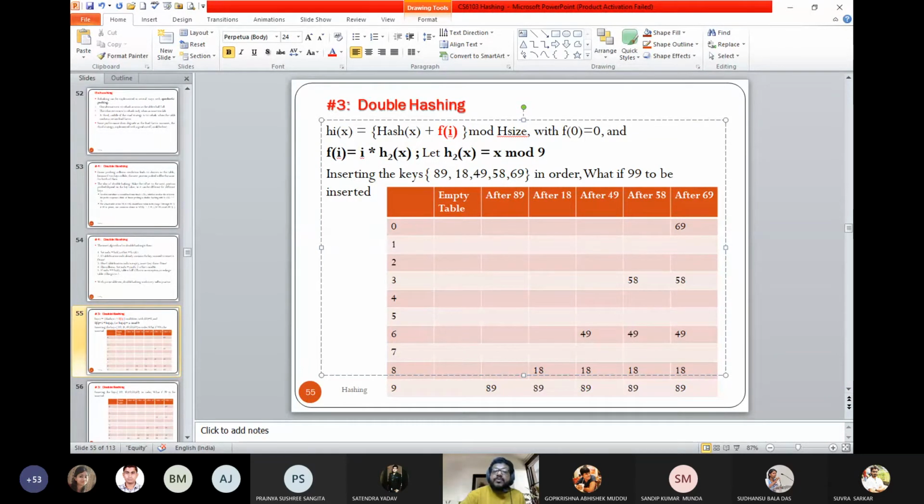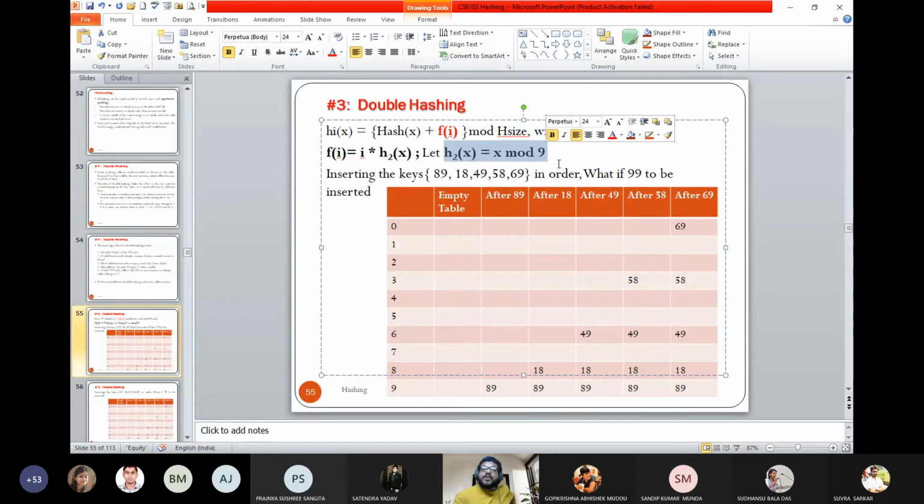If I try to store 18, no problem. If I try to store 49, please look into this. I land at 9, so I experience a collision. So I take the help of the second hash function. I experienced a collision with 49.